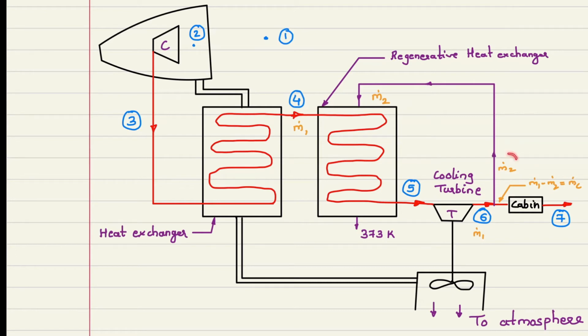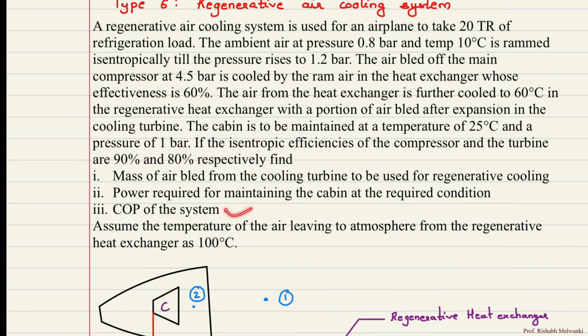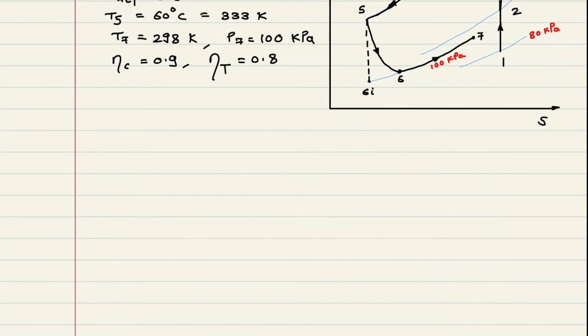Before calculating this, we will calculate pressure and temperature for all the points because they are required to calculate the remaining part. So COP we require, temperature for the remaining points, and we have to calculate power also. So we'll calculate pressure and temperature for all the points. Calculation of pressure and temperature.